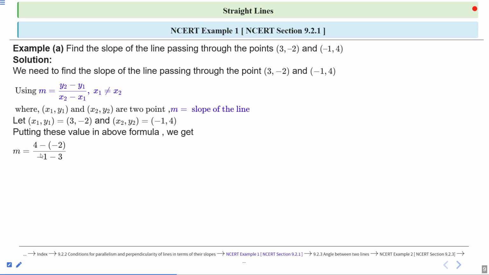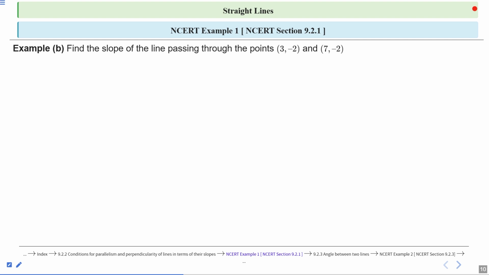Now calculating, m equals 6 divided by -4. Hence the slope of the line passing through the points (3, -2) and (-1, 4) is -3/2. Clear? I think this example is clear to all of you.